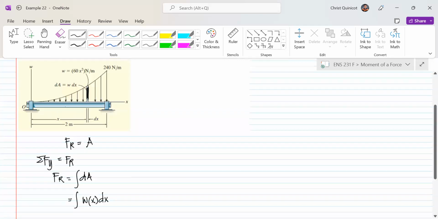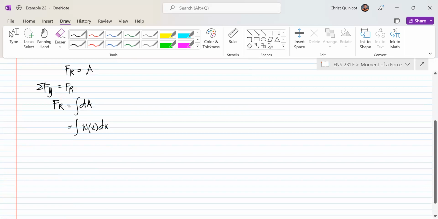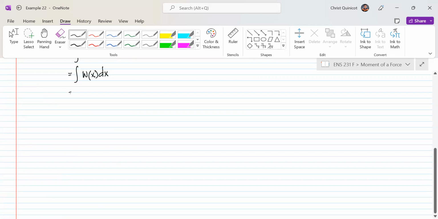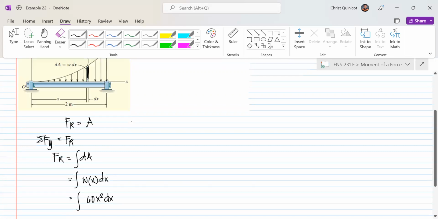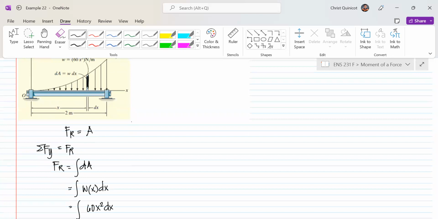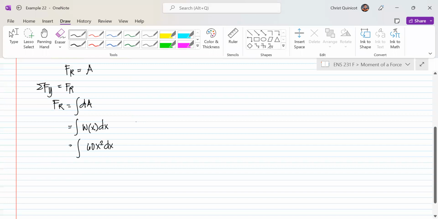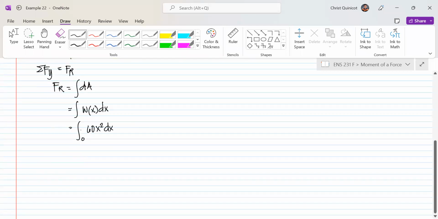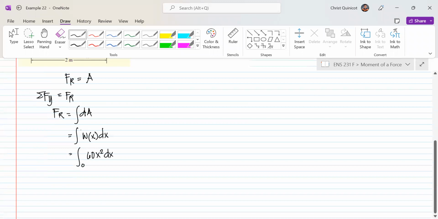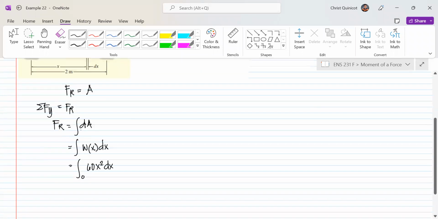So we substitute our w, which is 60x squared. This is equal to the integral of 60x squared dx. And of course, we are going to do a definite integration because we want to find the exact value of our resultant force. So we are going to integrate 60x squared dx from 0, which is our initial x, to 2 meters.